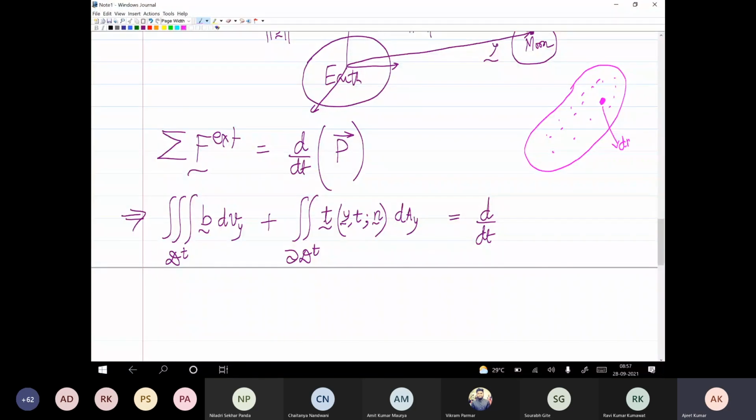And dm you can also write as rho dV, and each of these are Eulerian functions, rho bar, v bar. This is called dP, infinitesimal linear momentum. And this you have to integrate over the entire body to get your P. So this is integration over the entire body, that is D_t, of rho bar v bar dV, right?